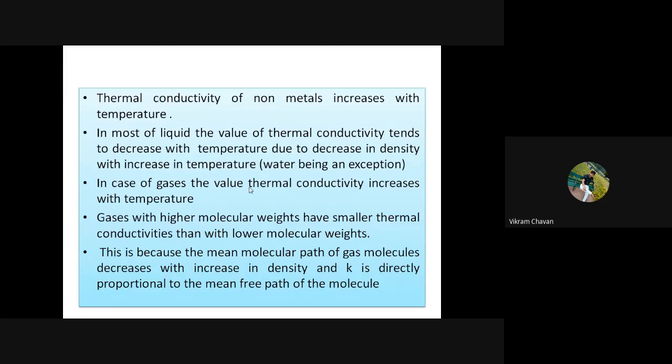So we have mentioned this sentence: this is because the mean molecular path of gas molecules decreases with increase in density, and k is directly proportional to the mean free path of the molecule.